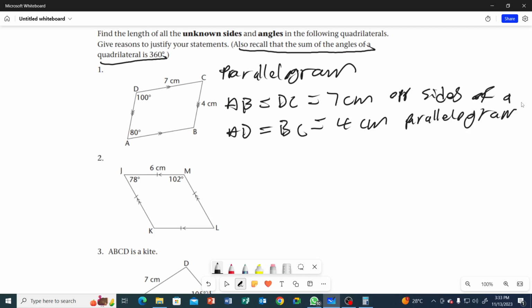Now that you know how we got the sides, let's see how you get the angles. In a parallelogram, the sum of all angles must add up to 360 degrees. Now, that is not helping us with anything. What we can see is that this angle of 100 and this angle of 180 degrees, they are co-interior angles.